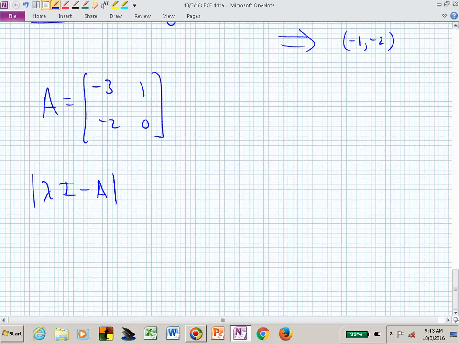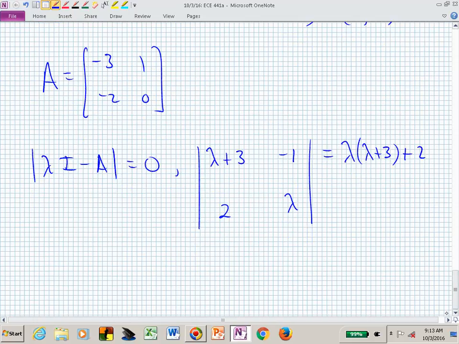But now I have lambda I minus A equal to 0. Now that gives rise to lambda plus 3, 2, minus 1, lambda. We want to compute the determinant, and that's not hard. That's the product of the diagonals minus the product of the off diagonals.